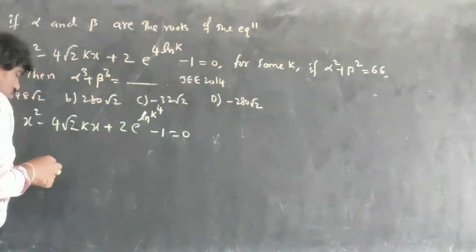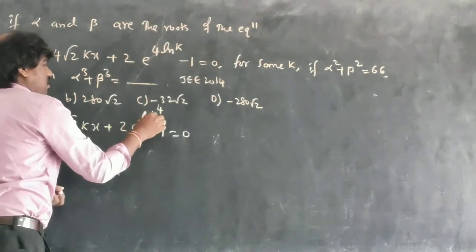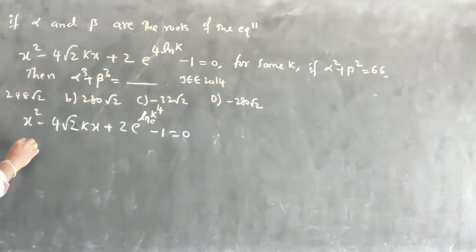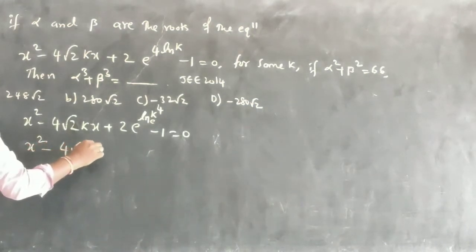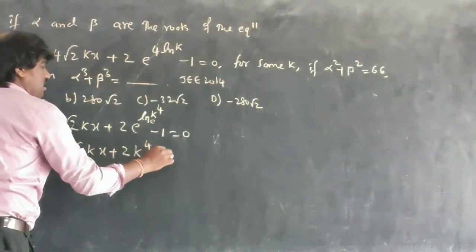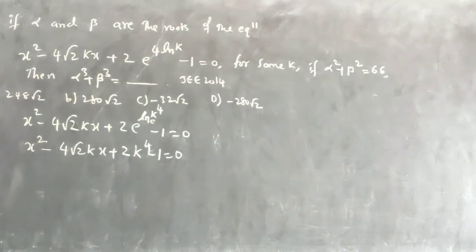As you all know, this value is e, and e power ln k power 4 is k power 4. This simplifies to x square minus 4 root 2 times kx plus 2k power 4 minus 1 is equal to 0. Let us solve this problem now. It's very simple now. The complicated question becomes simple.